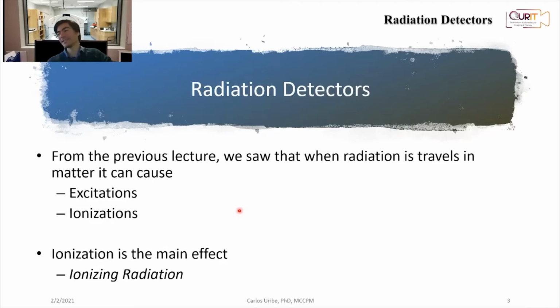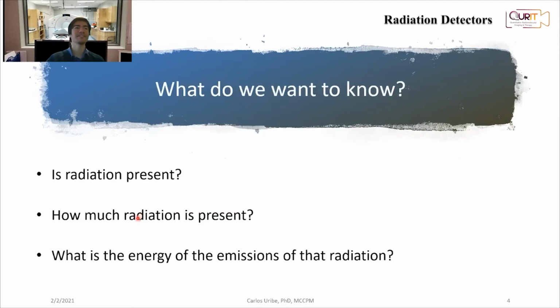And ionizing radiation is the one that you typically hear being very bad because these ionizations can cause, basically, bad effects on the DNA of cells, because ionizations make free radicals that end up combining with different things or damaging the DNA. So ionizing radiation is the name for radiation that causes those ionizations.